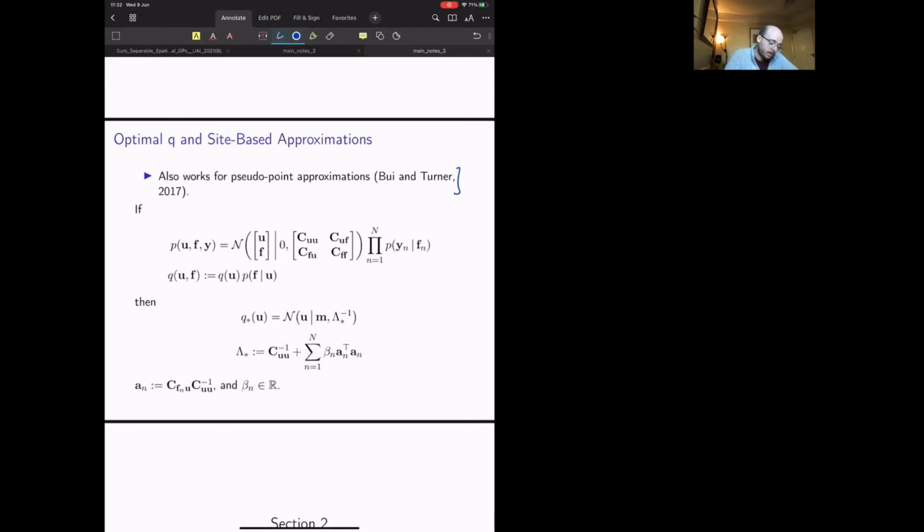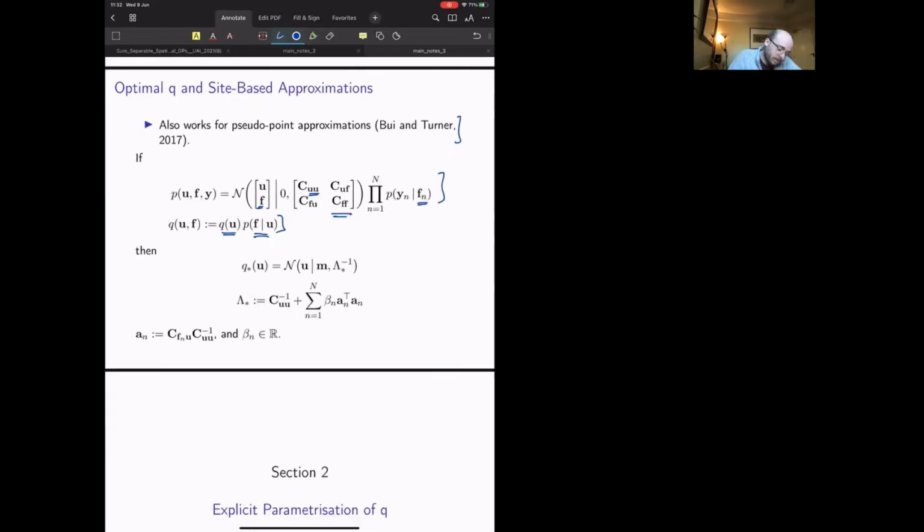So the idea is, if we've got the standard pseudo-point setup, we've got our prior over the u's, our pseudo-points, and the f's, the place where we're going to make observations, and then a likelihood which factorizes over all the f's. The approximate posterior is of the usual form, as discussed before: some Gaussian over u, and then the prior conditional over f given u.